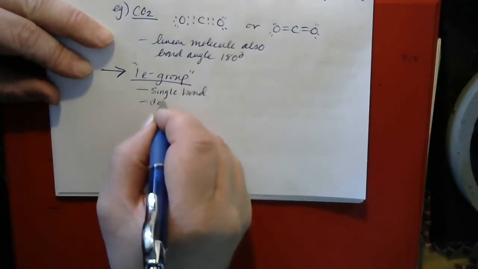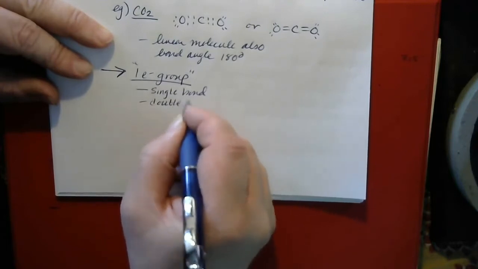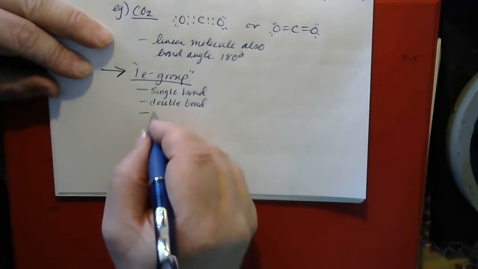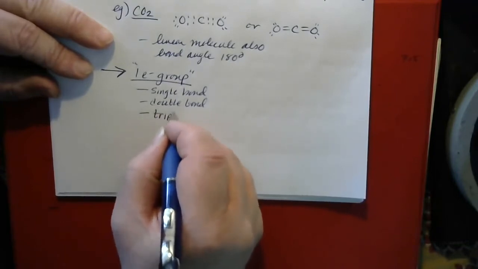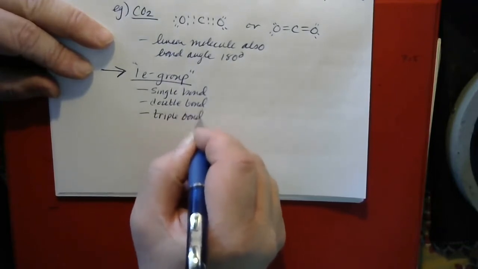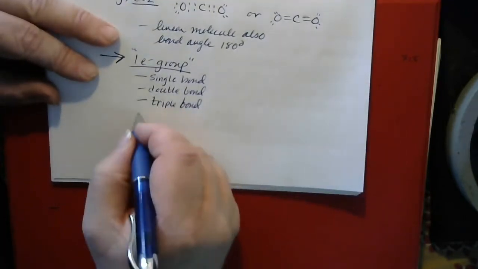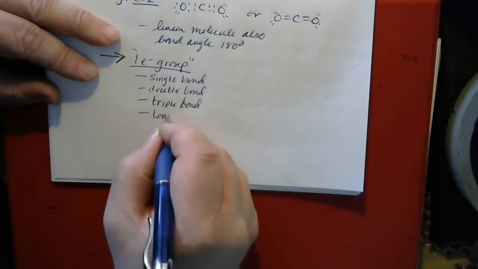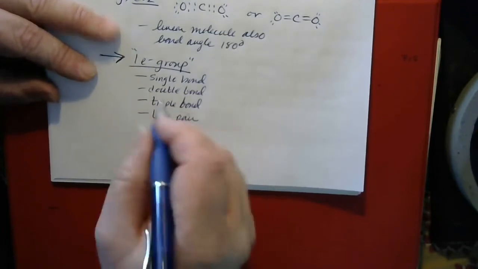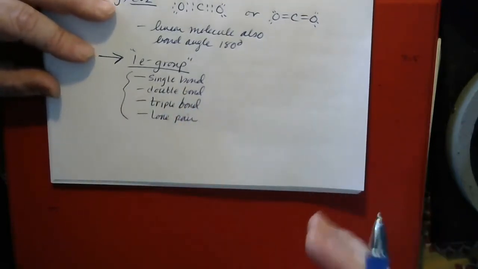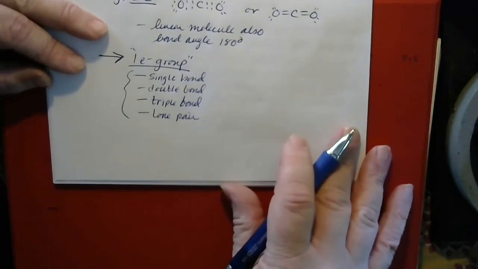It could be a double bond. That counts as one group of electrons. It could be a triple bond, because a triple bond only takes up a little bit more room than a double bond. Or it could be a lone pair.